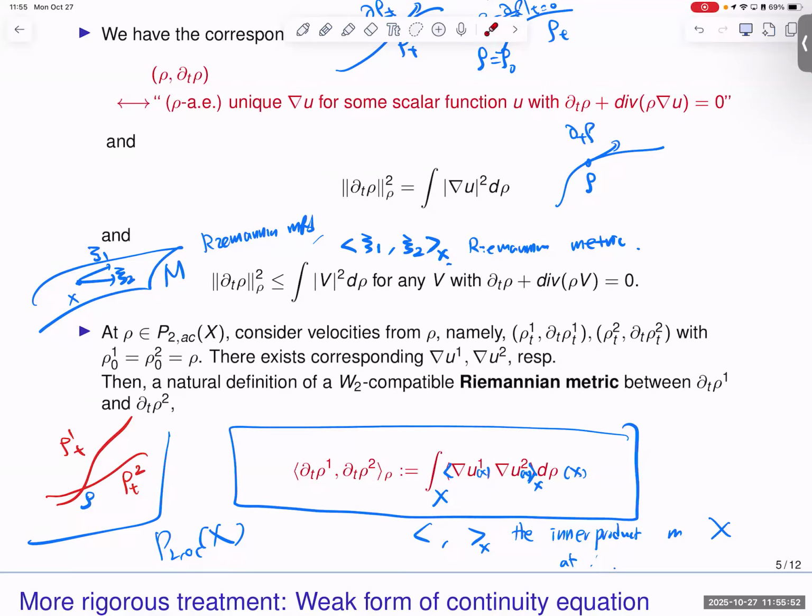Grad what? Grad t rho? What is it? Sorry, it's partial t rho.